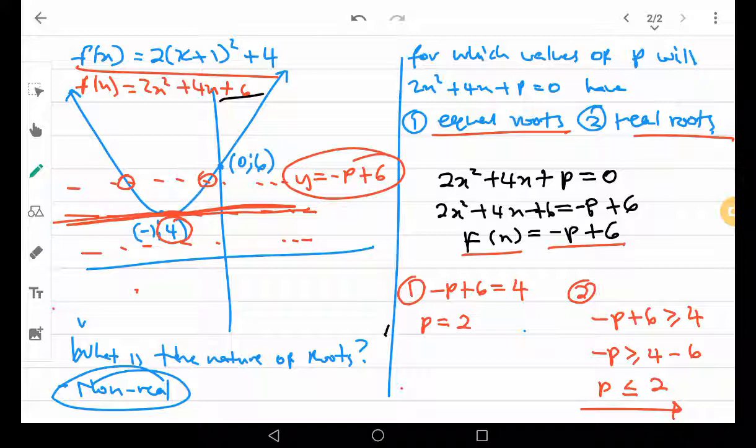Then for number 3, if it's less than 4, it's non-real. Non-real is when minus p plus 6 is less than 4, because equal to 4 is the turning point.